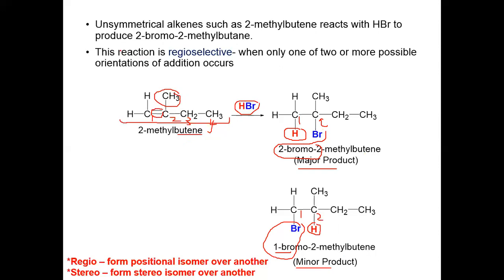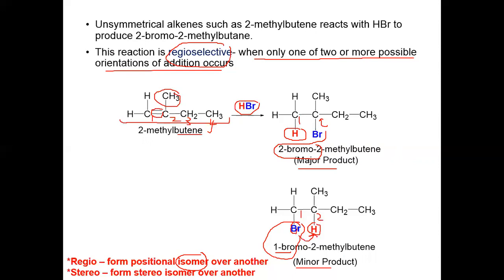Okay, this reaction is regioselective when only one of two or more possible orientations of addition occurs. So apa maksud regioselective? Okay, regioselective form positional isomer. Okay, positional isomer tu apa? Positional isomer ialah bila kamu punya functional group tu boleh berubah-ubah.